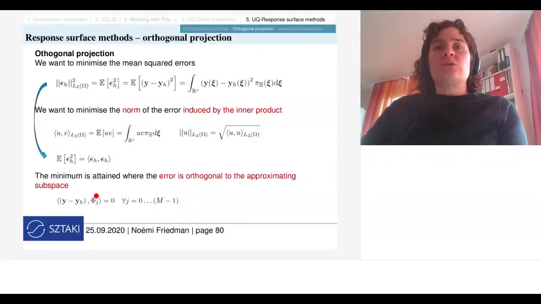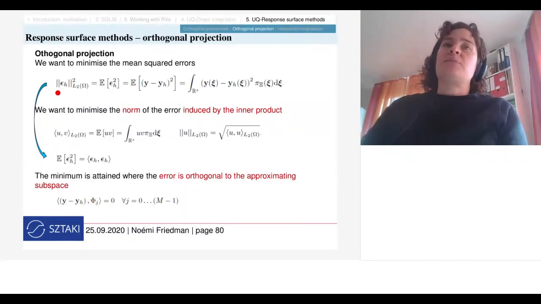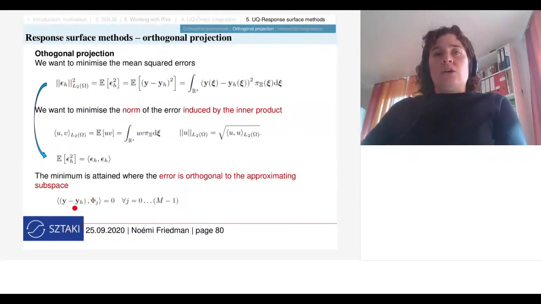So this is only true if the orthogonality here is defined by the inner product from which I derive this norm. So this derived norm will be minimized, okay? So if the error is orthogonal to the approximating subspace, then I will have this minimized, okay?